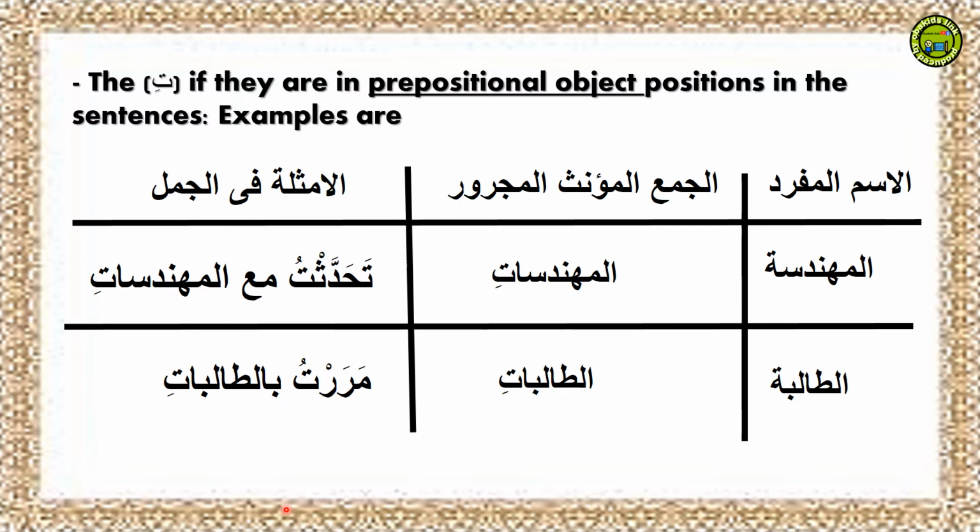Here we have some examples. The ta takes kasra if they're in prepositional object positions in the sentences. اسم المفرد singular noun, الجمع المؤنث المجرور, feminine plural in the position of kasra only if it comes after a preposition. الأمثلة في الجمل, the examples in sentences. المهندسة, the female engineer. المهندسات, the female engineers. تحدثت مع المهندسات, I talked with the female engineers. الطالبة, the female student. الطالبات, the female students. مررت بالطالبات, I passed by the female students.